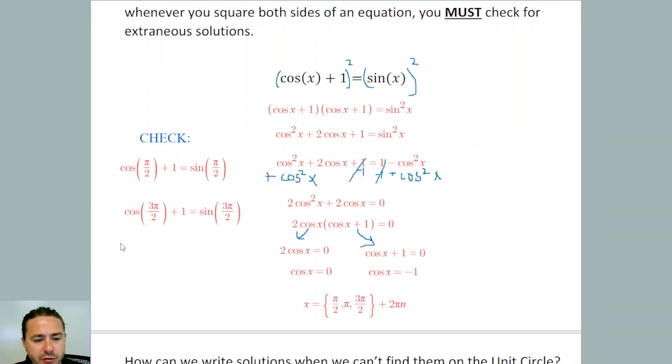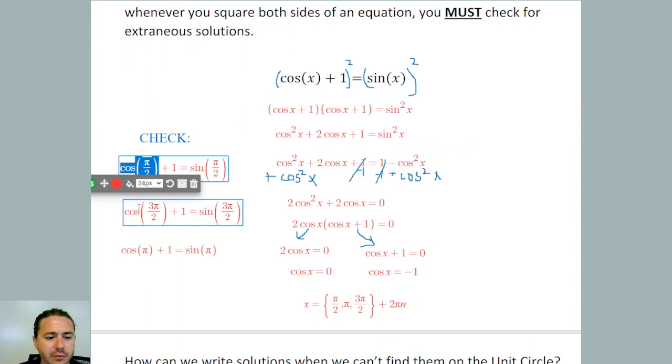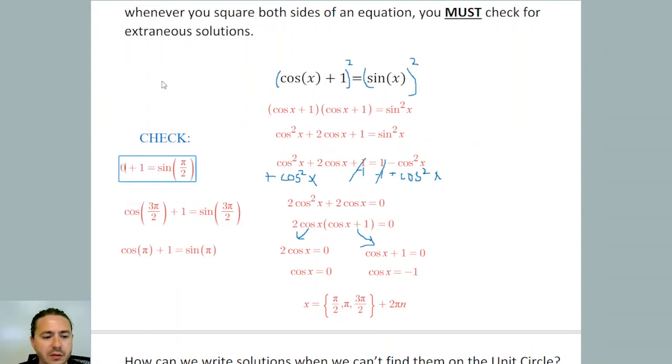Is it true for pi? Okay, so we'll check each one of these. Now, cosine of pi over 2, if you're not sure, look at your unit circle, but the cosine of pi over 2 is going to be 0. So this is going to be 0 plus 1 equals sine of pi over 2 is 1. So 0 plus 1, 1? Yeah, that checks out. Okay, so this one checks out.